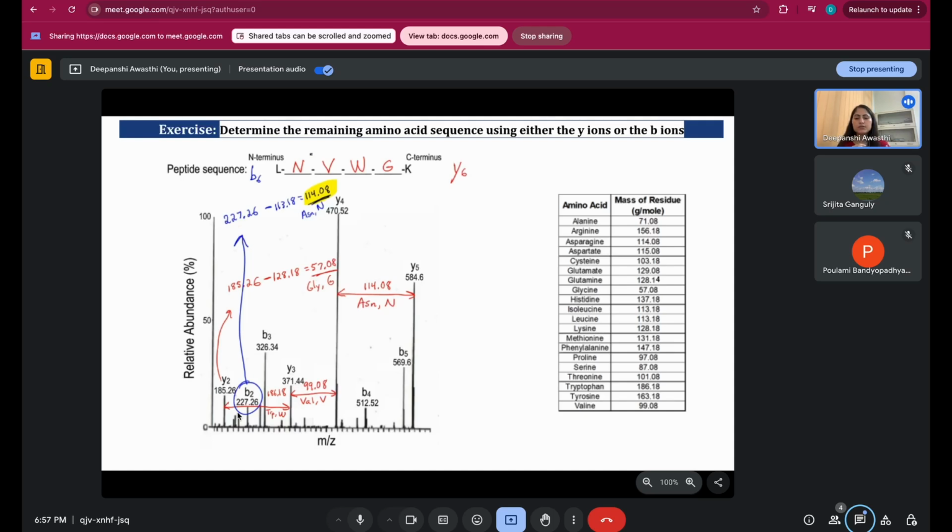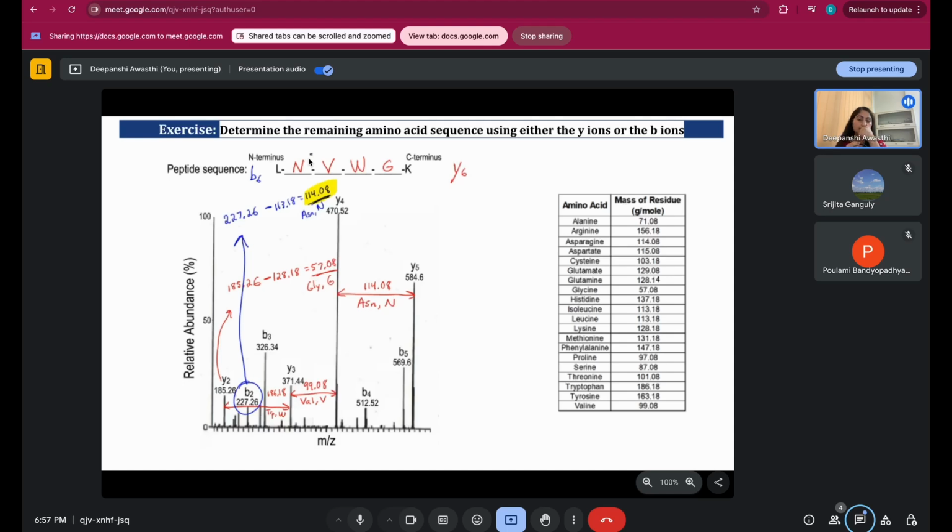So we will subtract the mass of the leucine from this B2 mass, which will be 114.08, and which corresponds to N, which is asparagine. So we will keep N here.